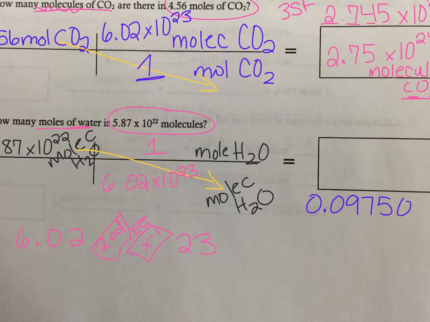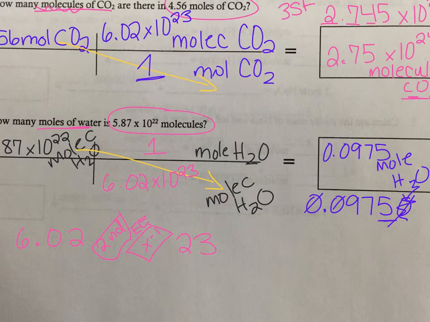Like that? Is that what you got? Okay. So we want 3 sig figs, so we're going to chop off that last 0 because these guys don't count already, right? So we don't want this guy. Okay, so we're going to have 0.0975 moles of H2O. If your calculator said 9.75, look all the way over at the end. It says 9.75 times 10 to the -2.